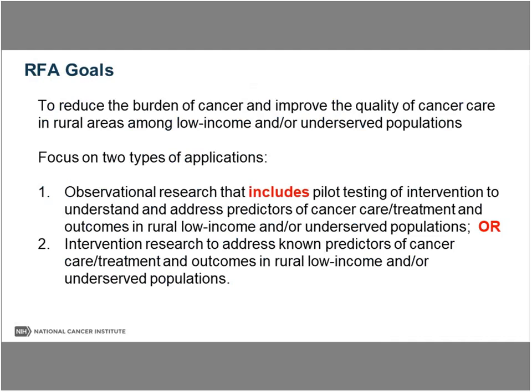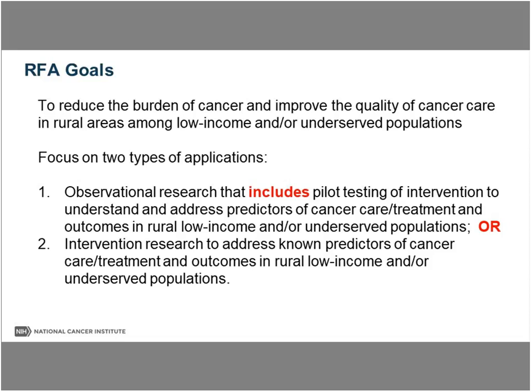We are focusing on two types of applications here, and you could propose either one: observational research that includes pilot testing, or intervention research, where all the specific aims are based on an intervention that you hope to implement in the community. I want to emphasize again that the focus is on cancer care and treatment delivery. The focus is not on public health prevention.